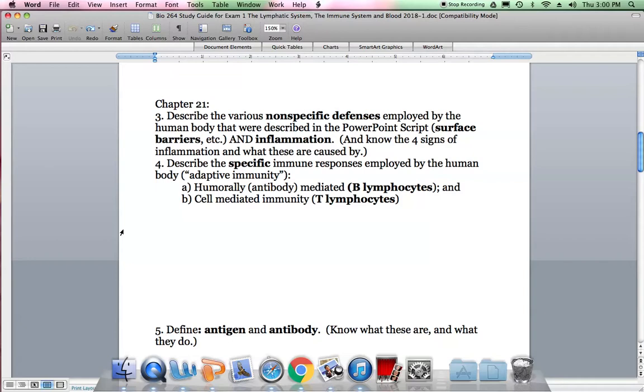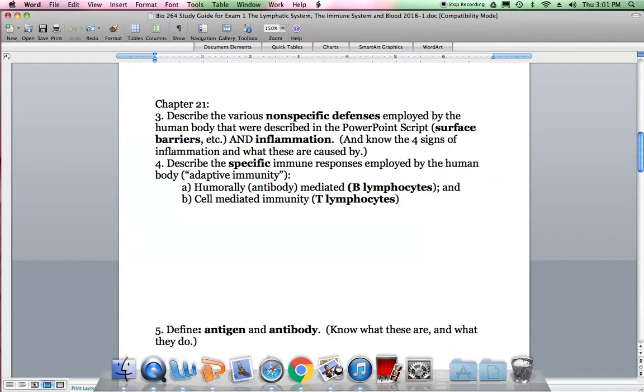So chapter 21 talks about immunity and the immune system, which is the job of all of the white blood cells. So when we get to chapter 17, we don't really talk much about white blood cells because there are many white blood cells involved in the immune system.